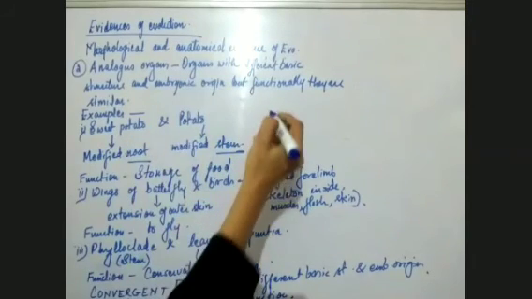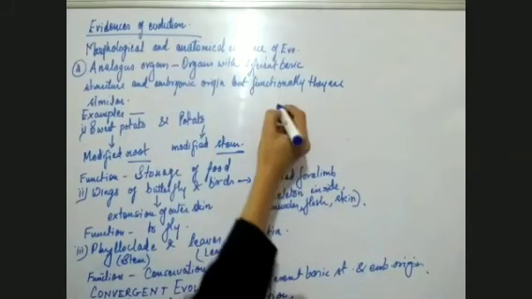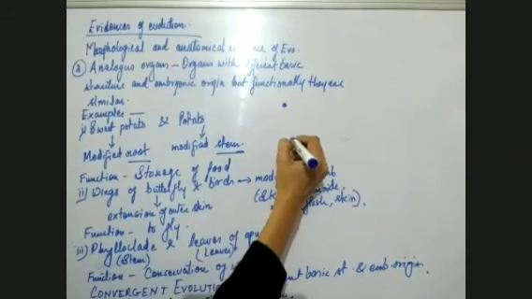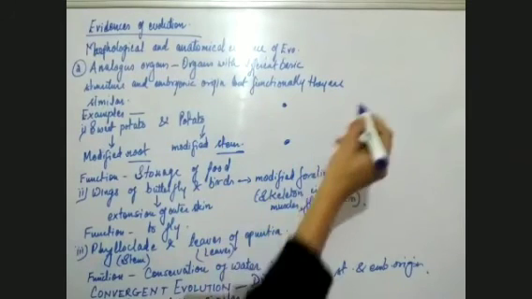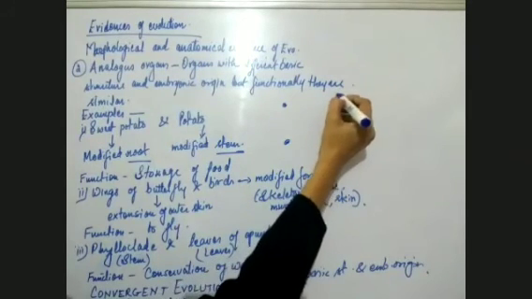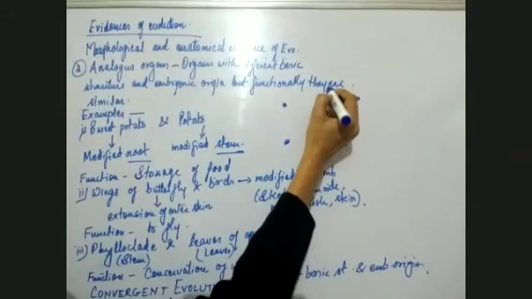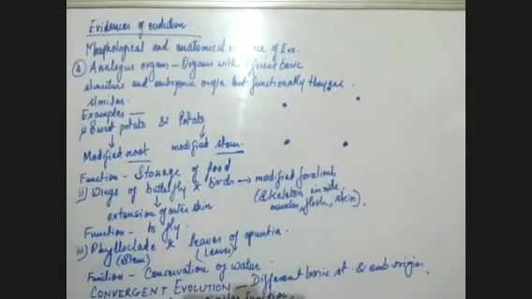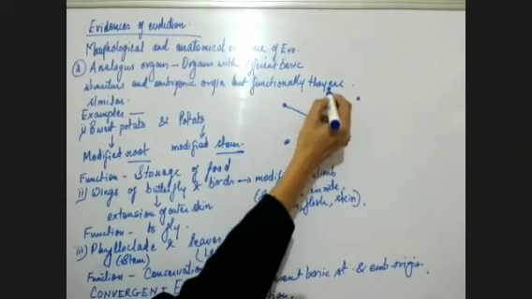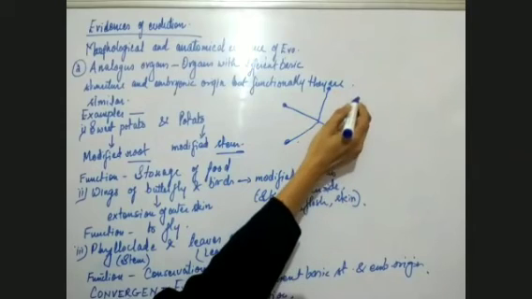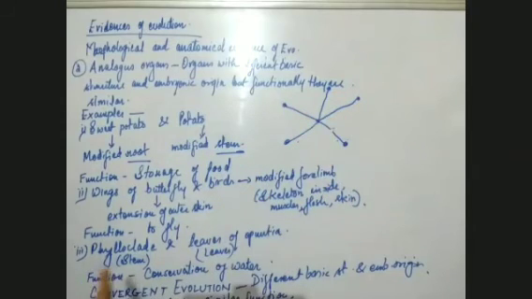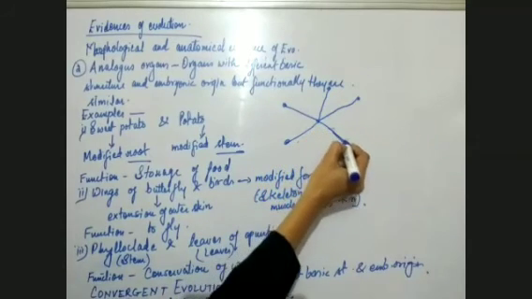So it goes like this. Suppose, see, different embryonic origins. One type of embryonic origin and basic structure, another type of embryonic origin and basic structure, and so on. They all gather together to perform the same function. If we consider the wings of butterfly and birds, let's take only two here.